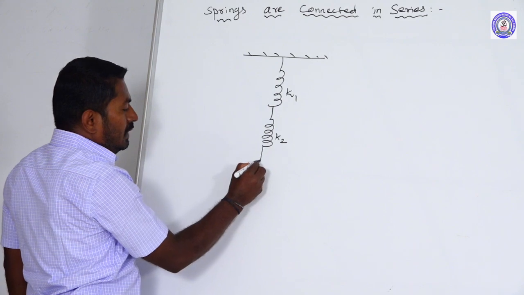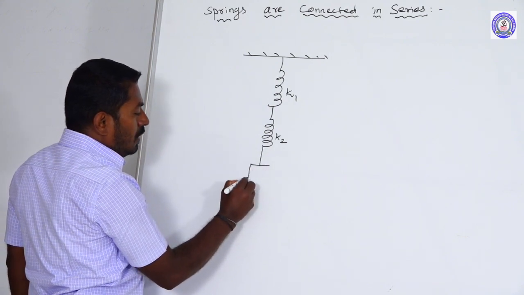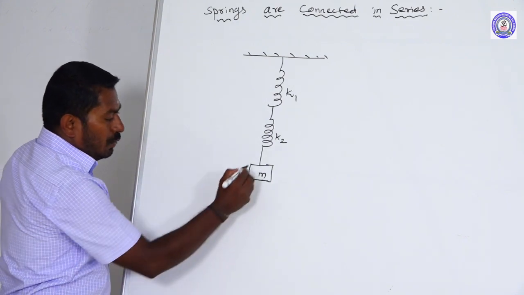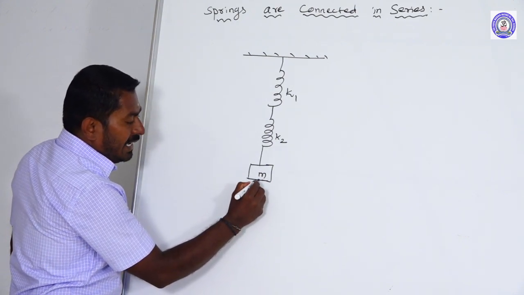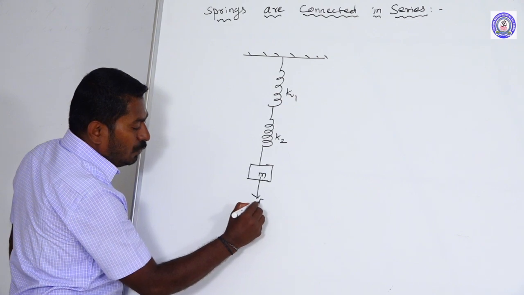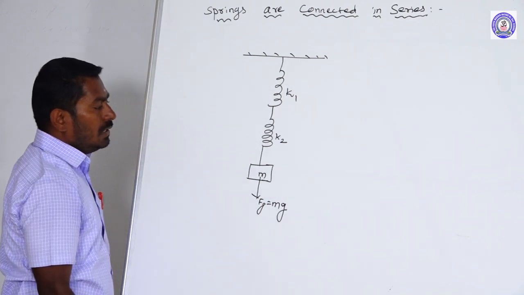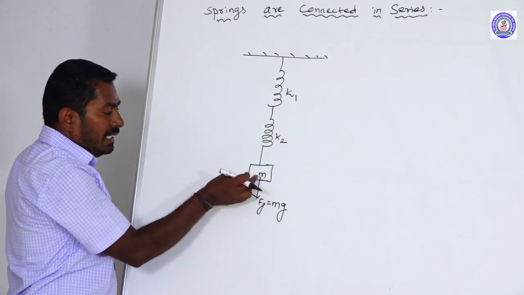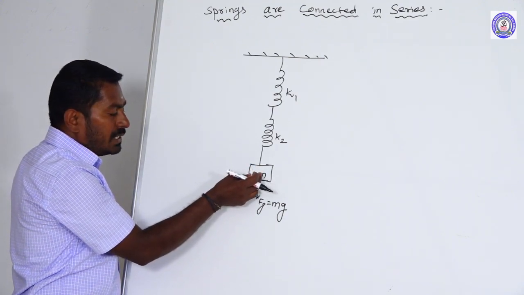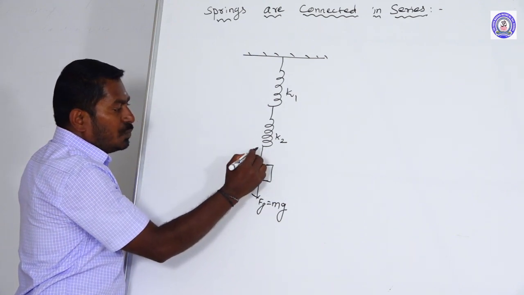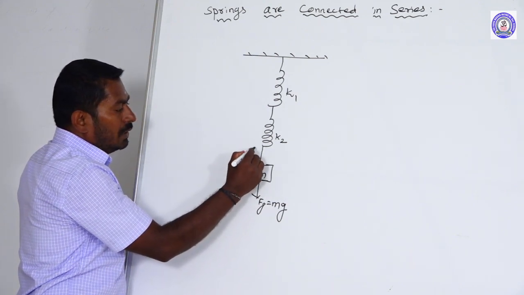The lower end of the second spring is loaded with a block of mass m. The block of mass m experiences a gravitational force acting vertically downward, Fg, which is equal to mg. Due to the gravitational force, the block moves downward, so an extension is produced in both springs.